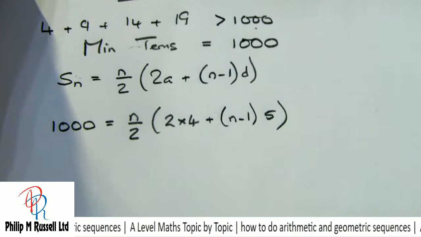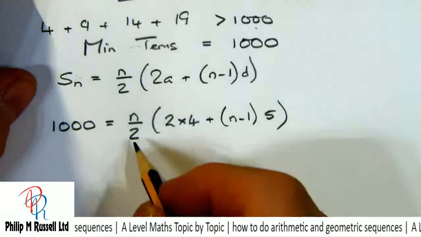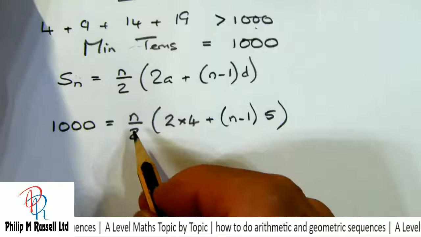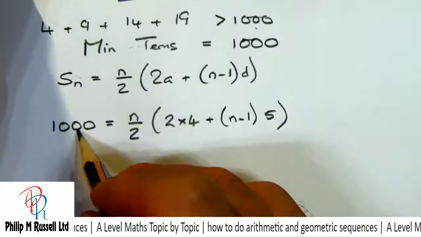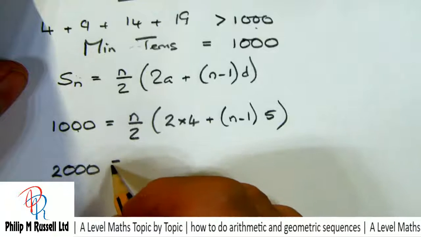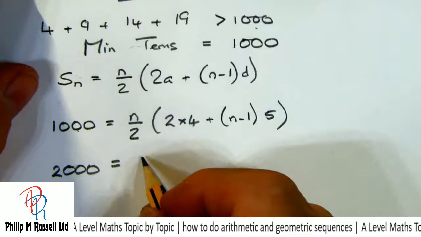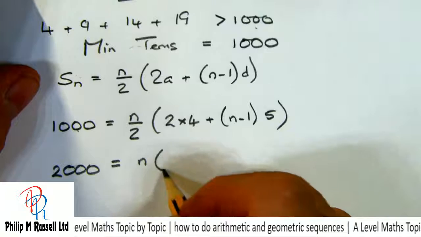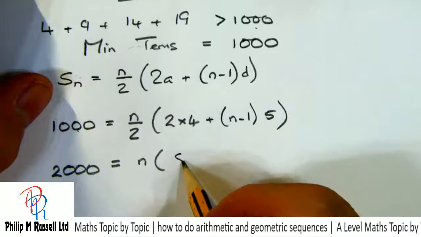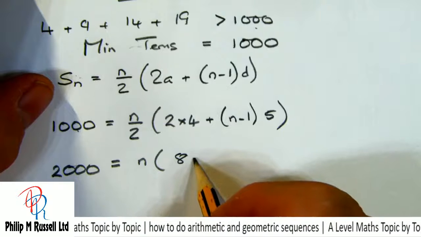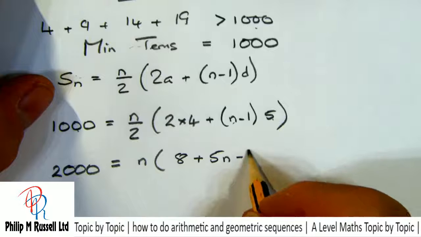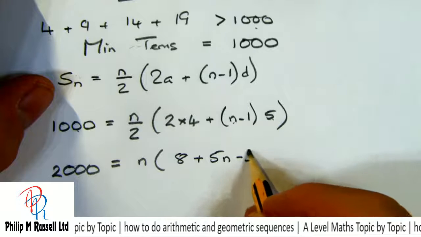Let's try and work out what we've got. So I could multiply that by the 2, so we can say that 2,000 is going to equal n times 2 4s are 8, and we've got 8 plus 5n minus 5.